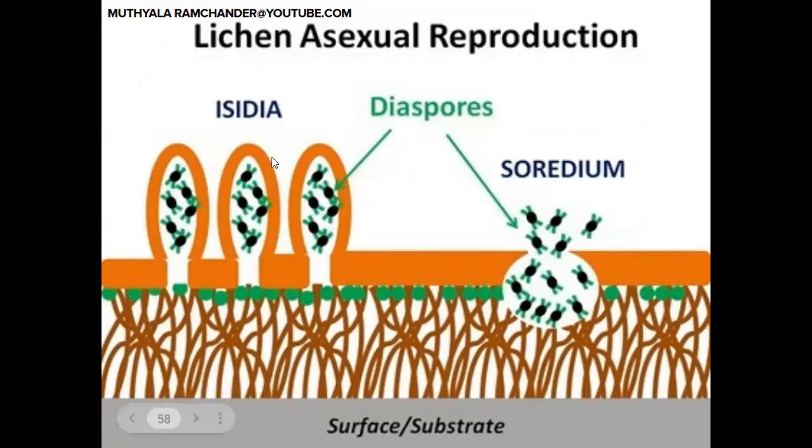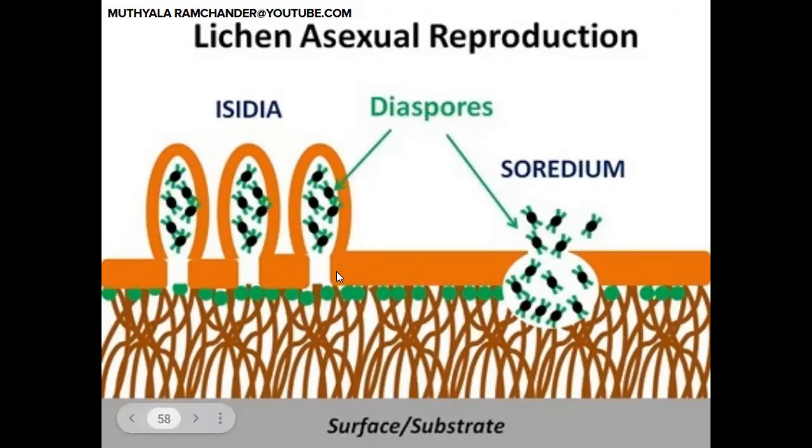The spores are called isidium, or isidia in plural. Isidia are formed by a blue-green alga, the phycobiont, together with the fungus. The combination of photobiont and mycobiont forms a spore-like structure. These spore-like structures are called isidia, and they develop in the club-shaped structures.